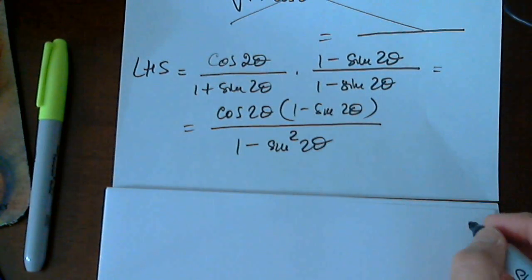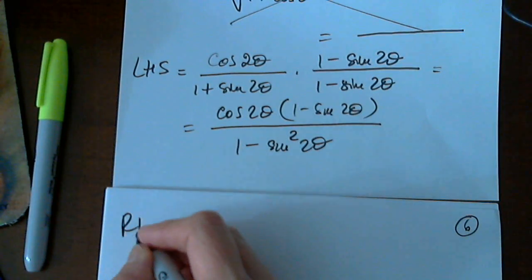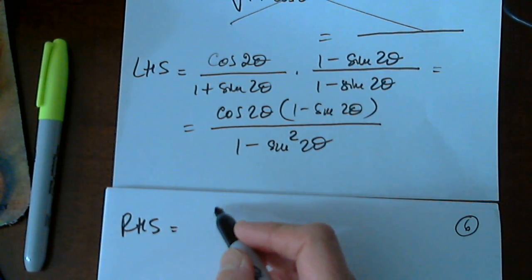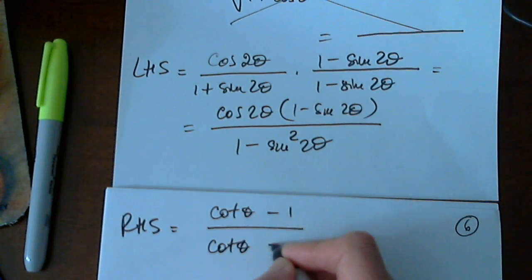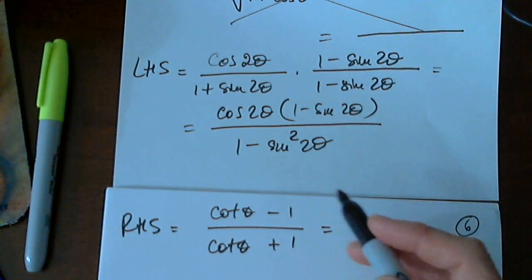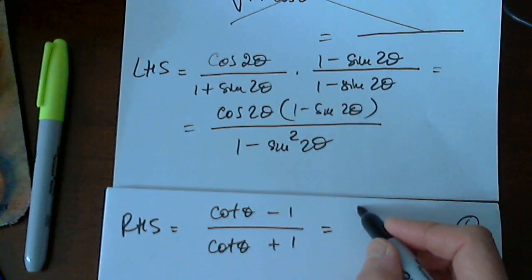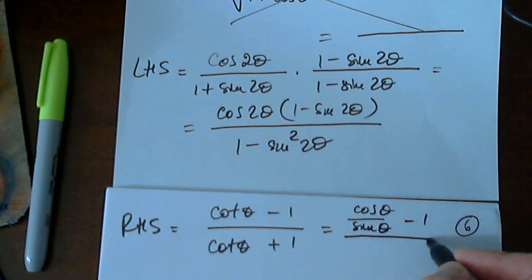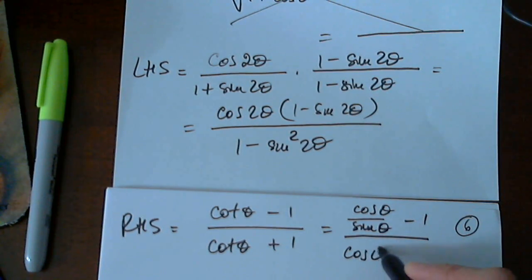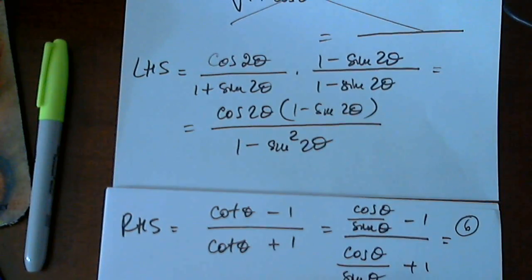Let me look at the other side. The right-hand side, cotangent theta minus 1 over cotangent theta plus 1. Okay. Cotangent is cosine theta over sine theta minus 1. And this is cosine theta over sine theta plus 1. Okay, let's see what happens next.